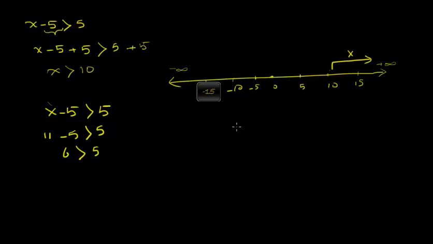Let's choose another one like 15. x minus 5 greater than 5. Then we'll put 15 instead of x, and we'll have 10 greater than 5. So any number greater than 10 can make this statement true.